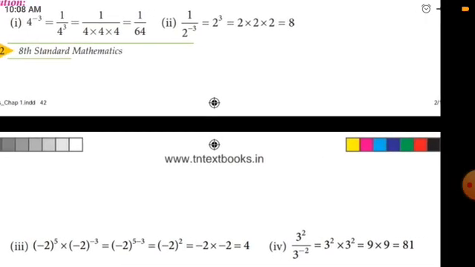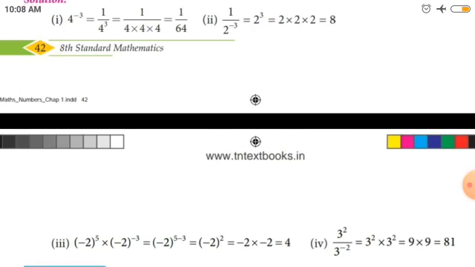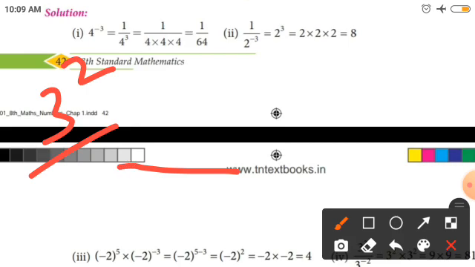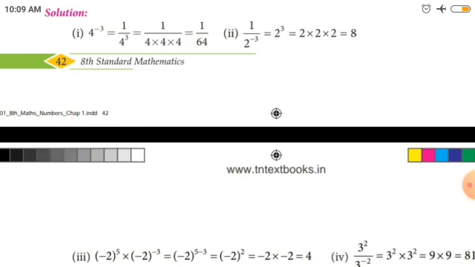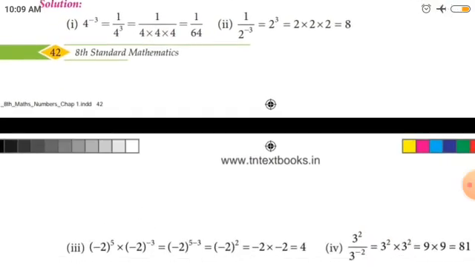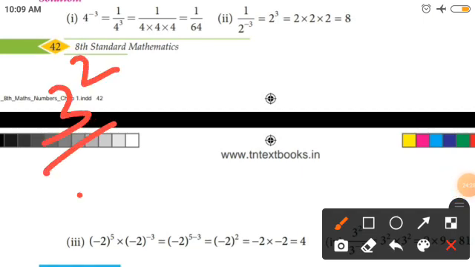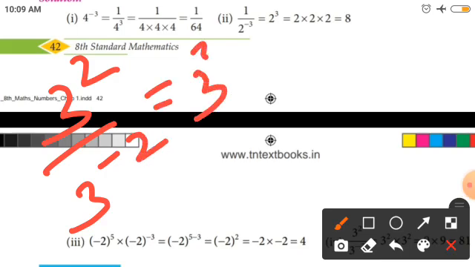That is equal to 3 to the power 2 into 3 to the power plus 2, since the power changes sign.